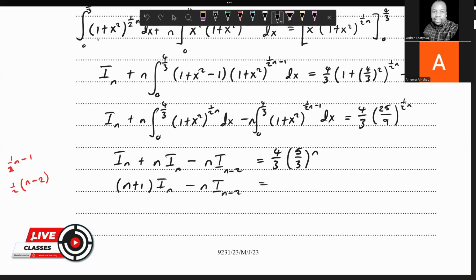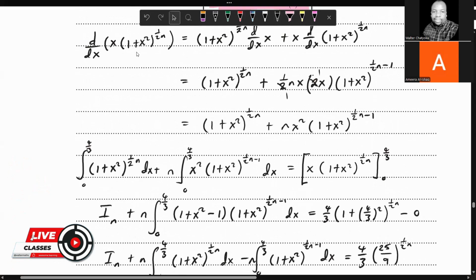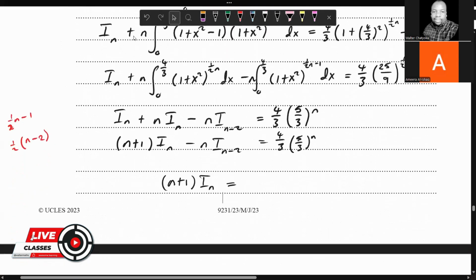Yes. 4 over 3 of 5 over 3 to the n. So we can actually say n plus 1 of I sub n is equal to, just as they have it, n of I sub n minus 2 plus 4 over 3 of 5 over 3 to the power of n. And this is actually what they want us to have. So shown.